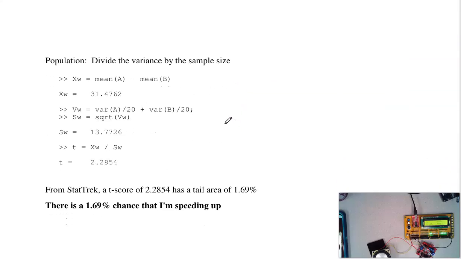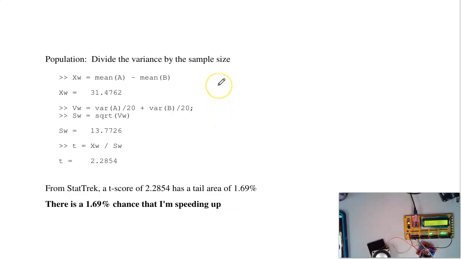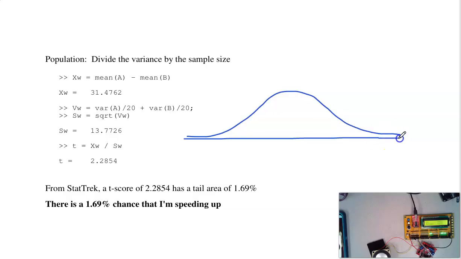If I want to know about the population overall, am I faster at the end or at the beginning? That's a population question. For populations, you divide the variance by the sample size. So now the distribution for the mean of my first 20 points versus the mean of the last 20 points has a difference of 31 milliseconds. I'm going to find out how far that is from 0. That's my t-score.